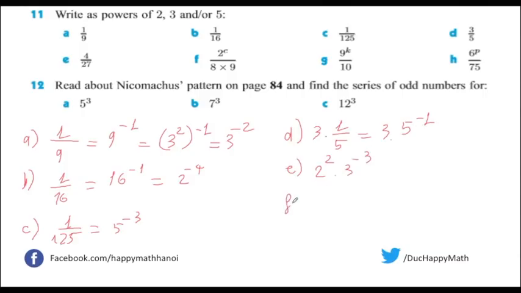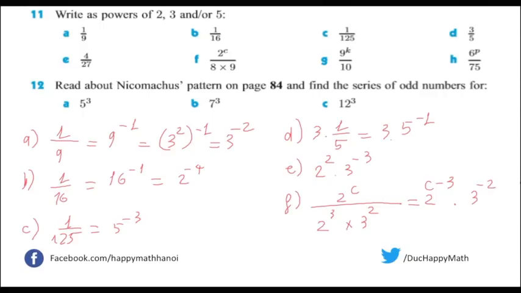So F is more complicated. G, 2G and H, you have 2 cubed times 3 squared. So you will have 2 to the power of G negative 3 times 3 to the negative 2.